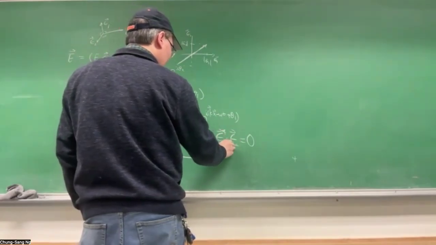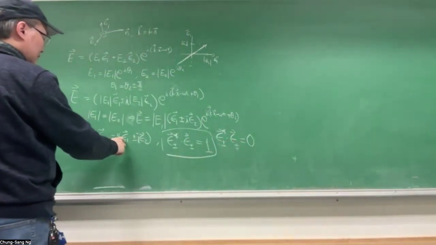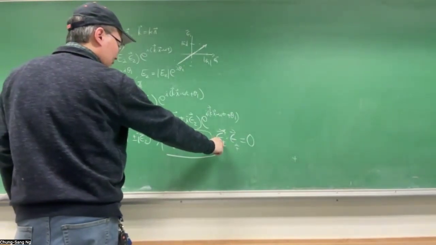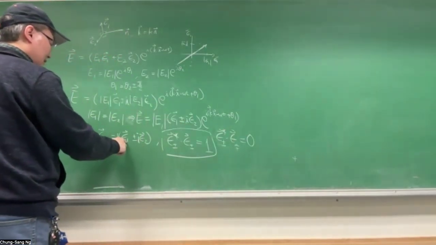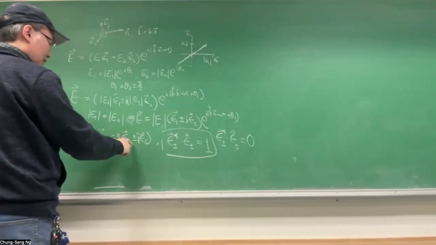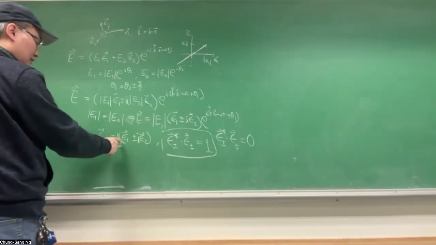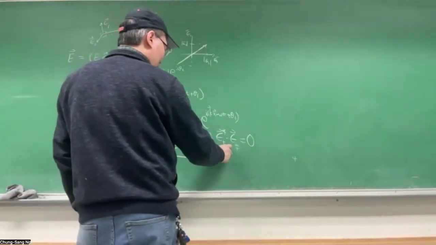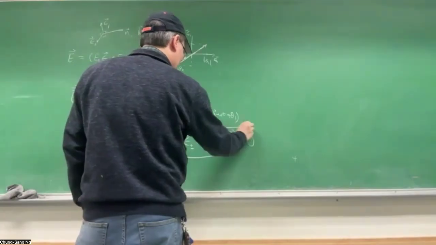Or vice versa, if you have a minus, you dot. So for this one, epsilon plus complex conjugate basically becomes epsilon minus squared. So epsilon 1 dot into epsilon 1 is 1, but then minus epsilon 2 dot into minus epsilon 2 gives you minus 1, so 1 minus 1 is 0. And epsilon 1 dot into epsilon 2 is 0, so they will be automatically 0 this way. Right?